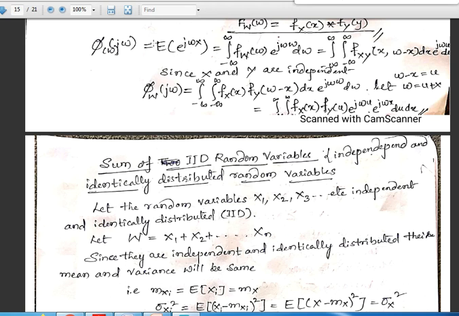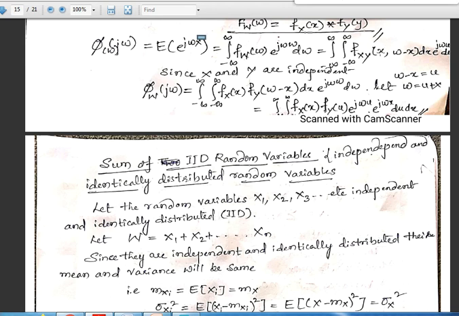So in obtaining the characteristic function, we find the expectation of e raised to j omega x for the characteristic function of x, and similarly for e to the power of j omega w, we get fw of w e to the power of j omega w, where fw of w is substituted from the above equation.